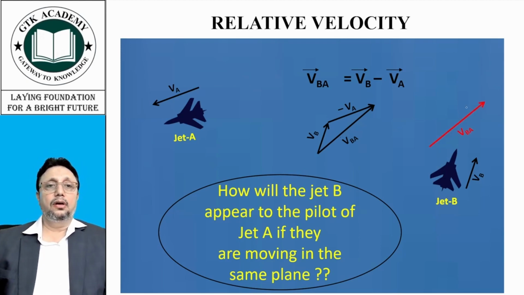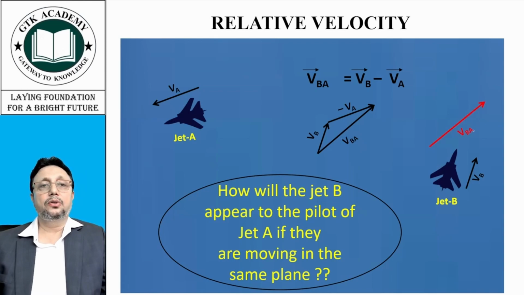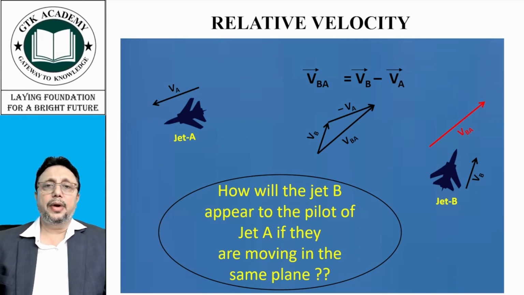This is the velocity of B relative to A. That means this red arrow shows the magnitude and direction of B which will appear to the pilot of jet A.